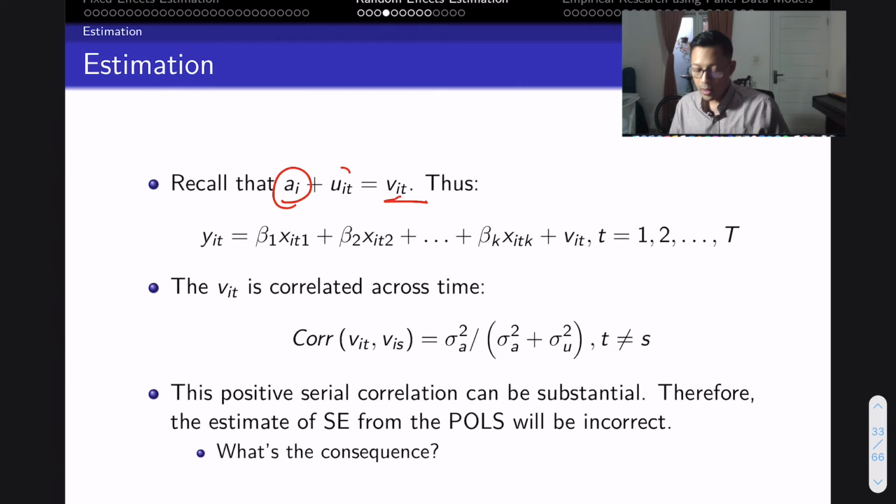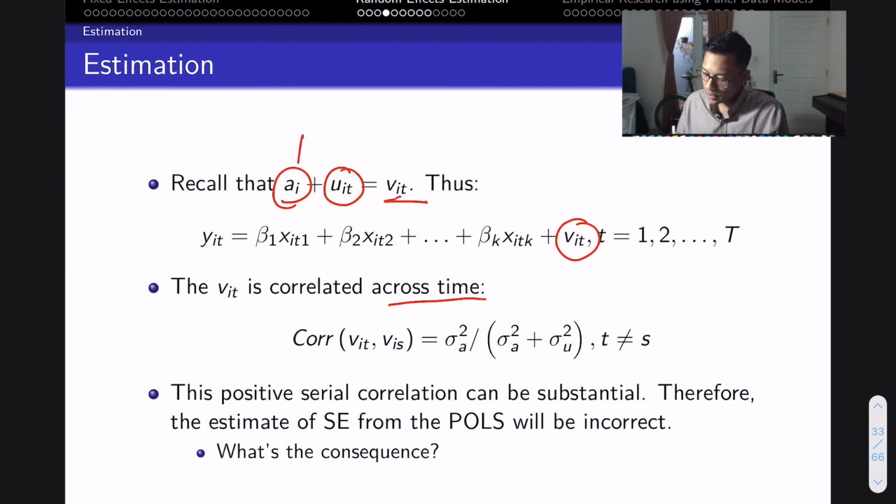Now, the composite error term is going to be correlated across time. Due to what? Due to the fact that the composite error term has this unobserved heterogeneity. So in every period, you're going to have that unobserved effect, and so basically, the error term today is going to be correlated with the error term in the previous period.